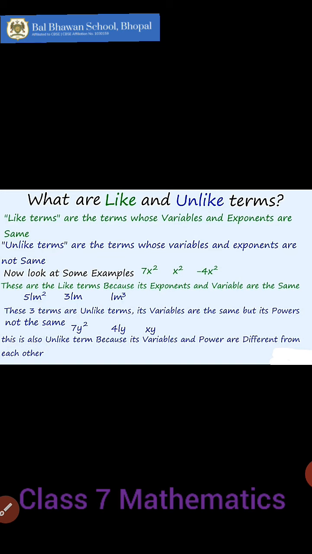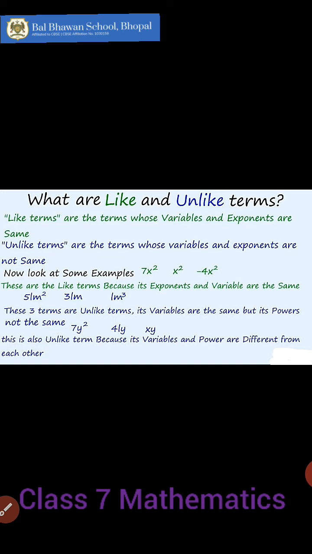For example, 7x square, x square, minus 4x square. The three of them are having the same variable with the same power. So they are like terms. Whereas 5lm square, 3lm, lm cube.